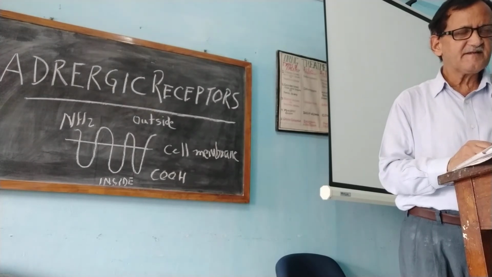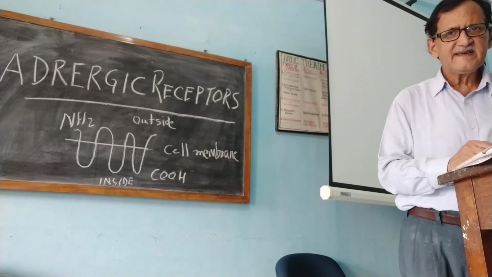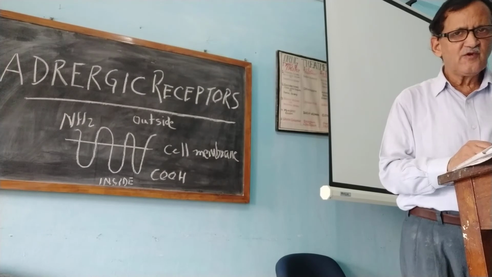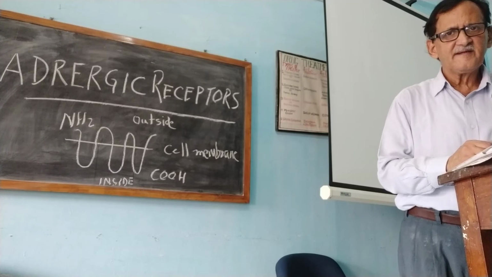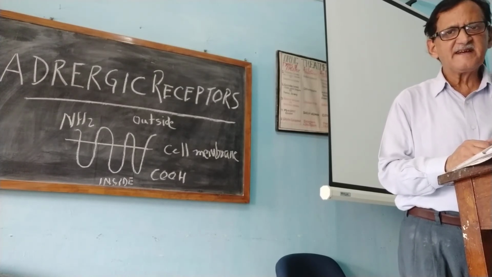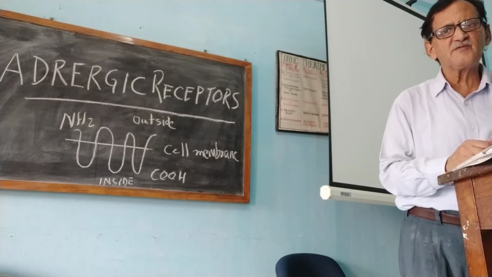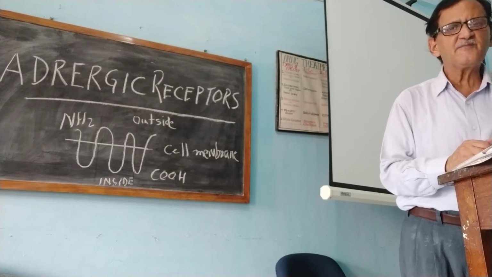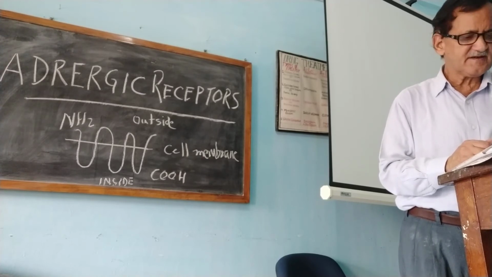Alpha-2 receptors are located in the central nervous system, then on presynaptic nerve terminals, like presynaptic nerve endings, and postsynaptic on the effector organ. So it has distribution at presynaptic as well as postsynaptic sites in addition to the central nervous system.